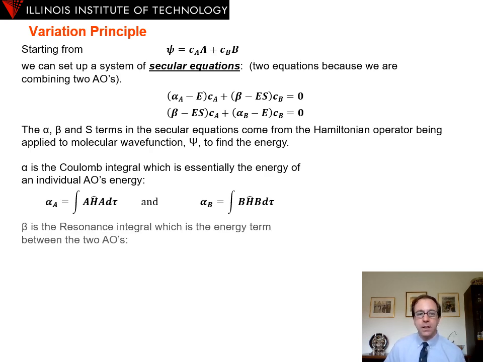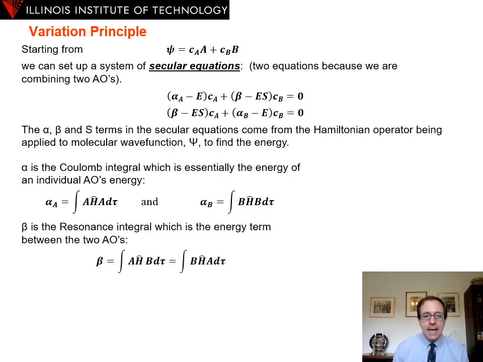What is the beta term? The beta term is called the resonance integral, which is essentially the energy term that you get when you have the two wave functions combined. That is, the wave functions on each of the individual atomic orbitals in this molecular orbital.